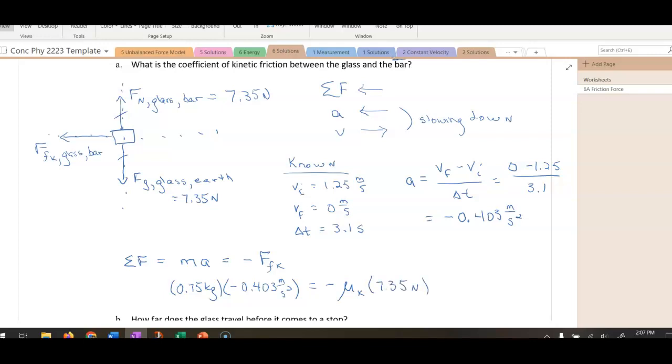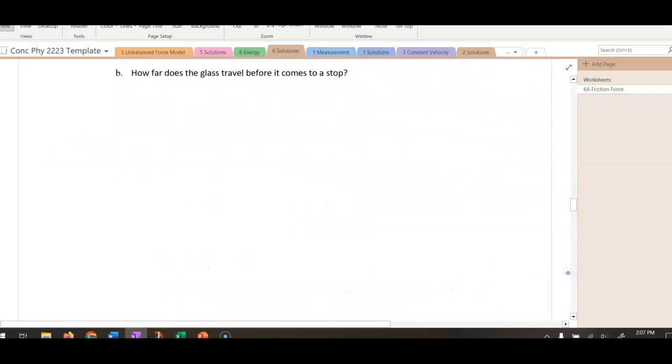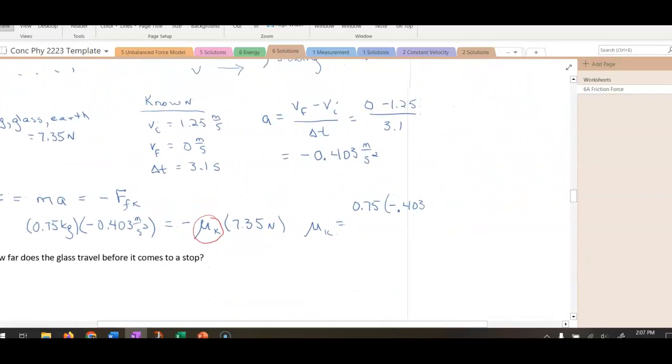And of course, I'm solving for this coefficient of kinetic friction. And so that's going to be 0.041.